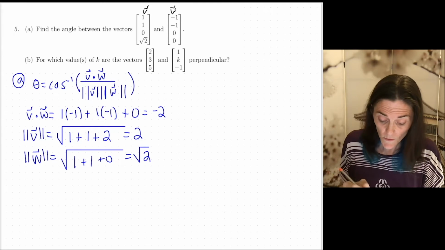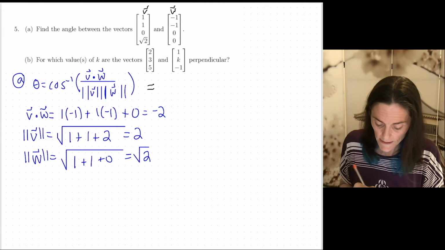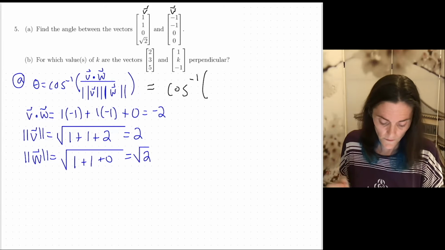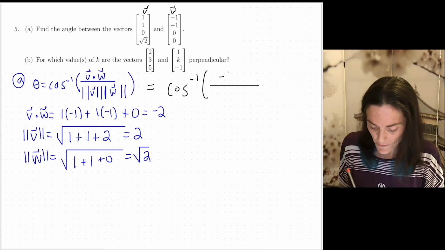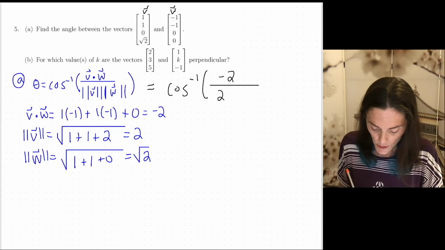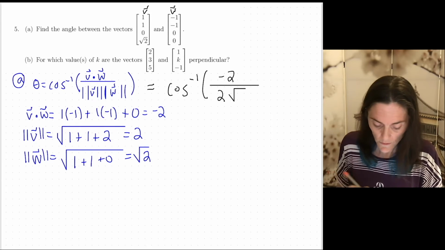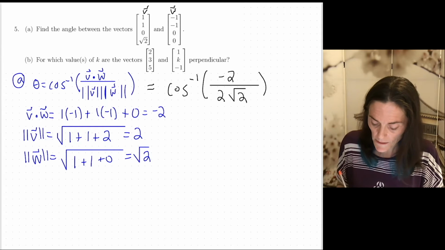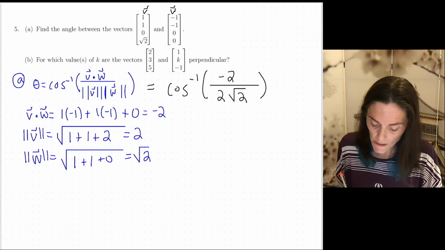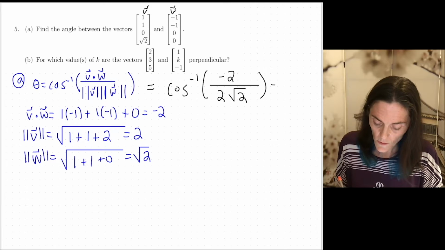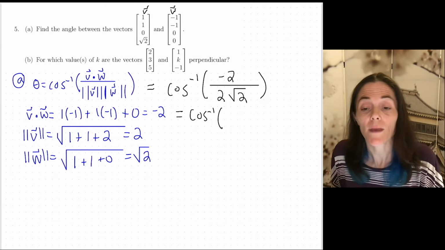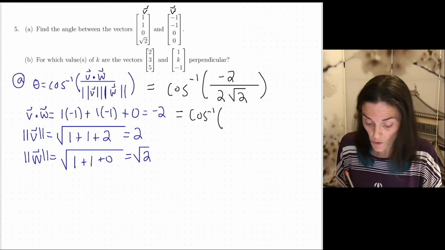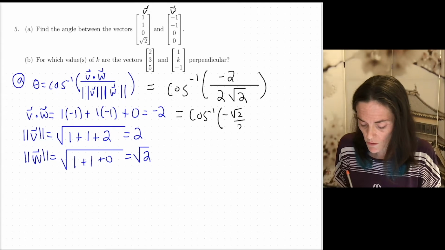Very nice. So theta, here we go. This is the cosine inverse of -2 divided by 2 times the square root of 2. And, well, this we can actually do. This is cosine inverse of -1 over square root 2, or you could also write it this way, square root 2 over 2.